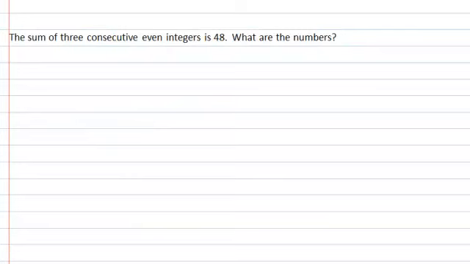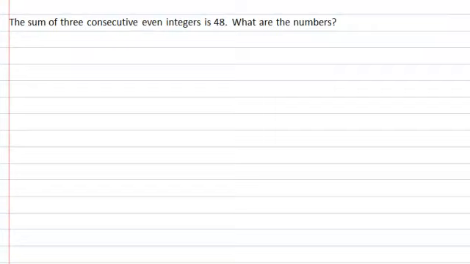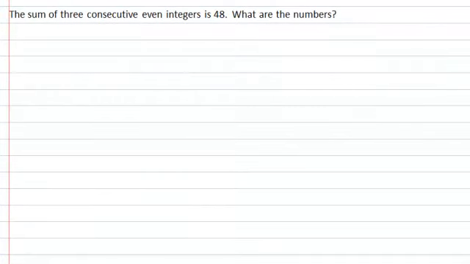Now this one says we've got 3 consecutive even integers and their sum is 48. So what are the numbers? So 3 consecutive even integers. Our first one, of course, is x. Now they're even integers. So let's go back to that idea that we had before. If I had 2 as my first even integer and 4 as my next one, 2, 4, 6.